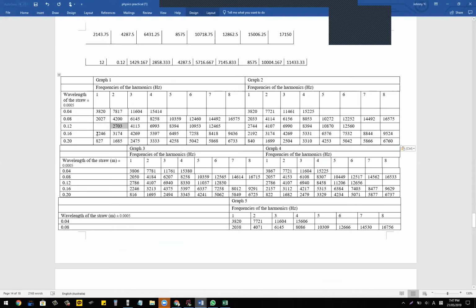That's right. I'm just going to ignore that. Or you can put another column there. That's 1.